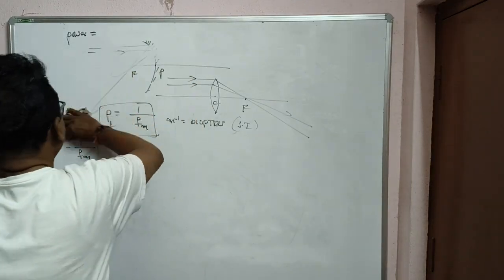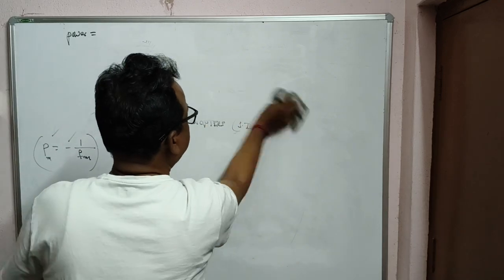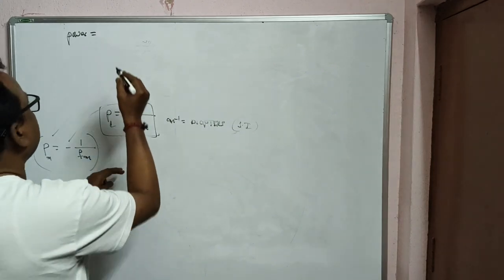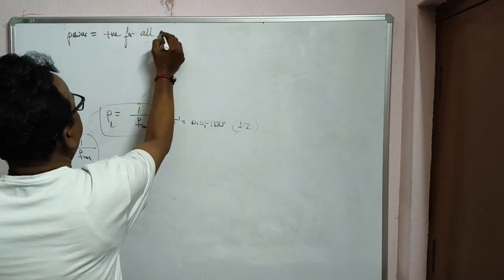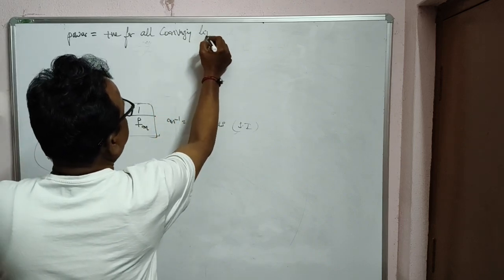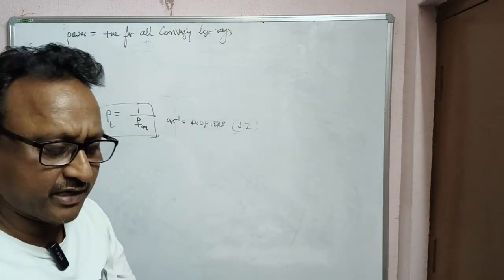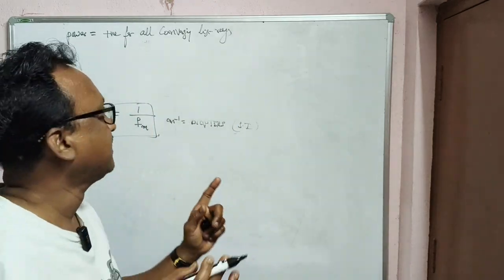Generally, power is treated as positive for all converging light rays. What do I mean by converging? For example, a concave mirror converges the light rays.